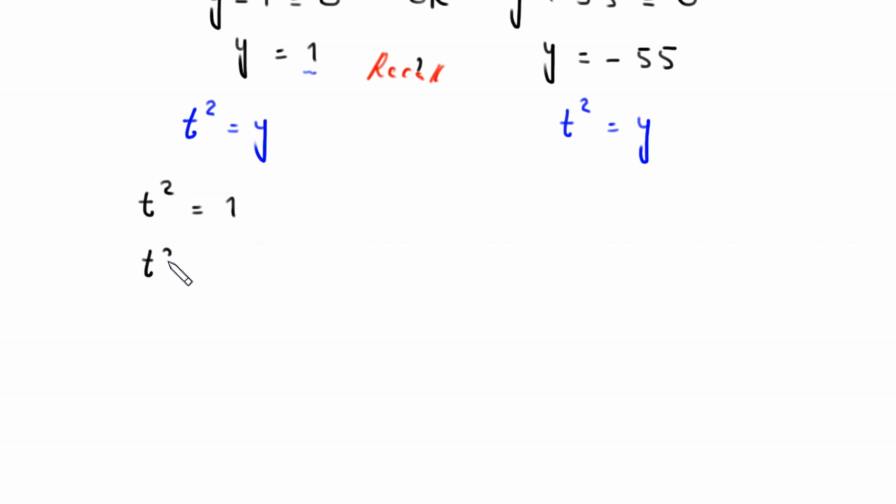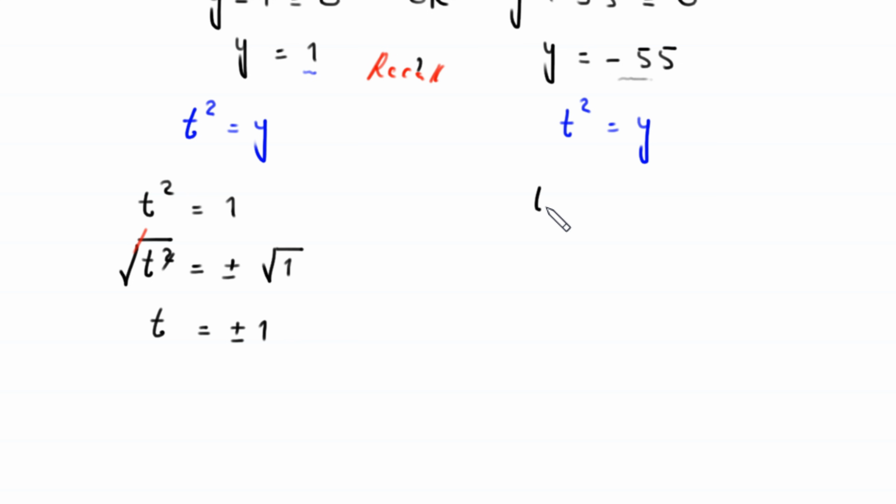This will become t squared, and we take square root at left hand side, is equal to plus minus square root of 1, and this square will be cancelled out with this square root. We are left with t is equal to plus minus 1.